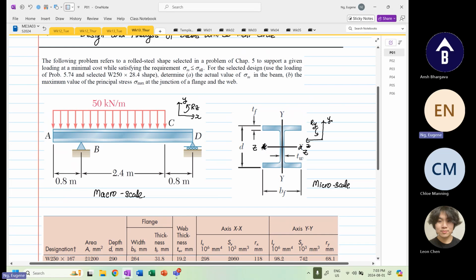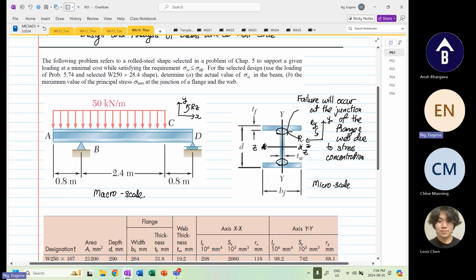In the micro scale, we know failure will occur at this junction of the flange and web due to stress concentration, and this concentration is because of the radius over here.